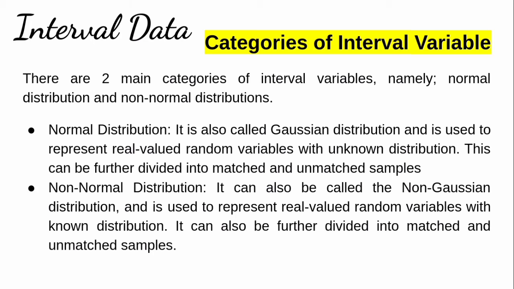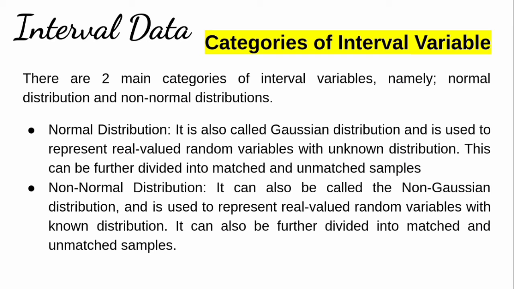Now, there are also two categories for interval variables, namely normal distribution and non-normal distributions. The normal distribution is called Gaussian distribution and it is used to represent real-valued random variables with a known distribution.